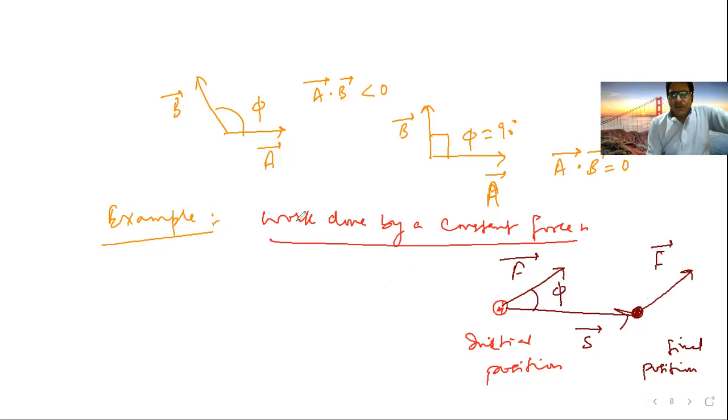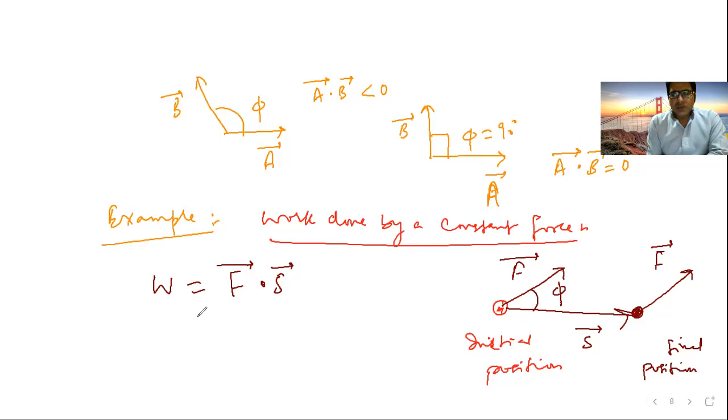Then by definition, if work done by this force is represented by W, it is expressed as dot product of force and displacement, F and S. Work is a scalar, force and displacement are vectors. So this is one example where we express a physical quantity using dot product. So work done by a constant force is defined as dot product of force and displacement vector.